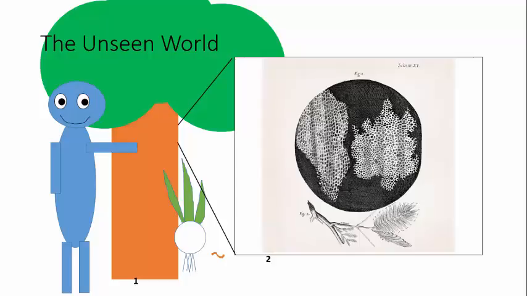So he called these square things and kind of round things cells, and we continue to use this term even now. All of us are composed of cells. Everything that's living is composed of cells.